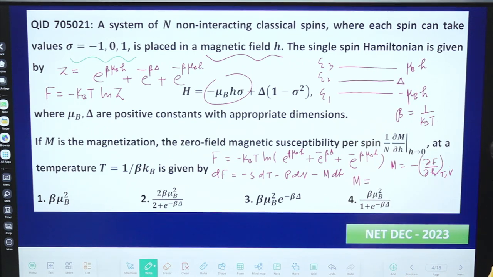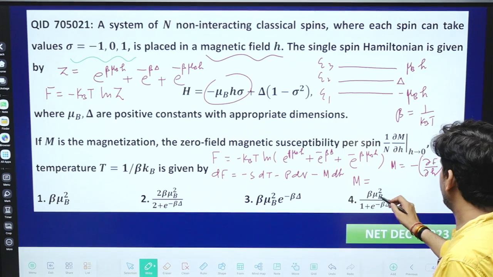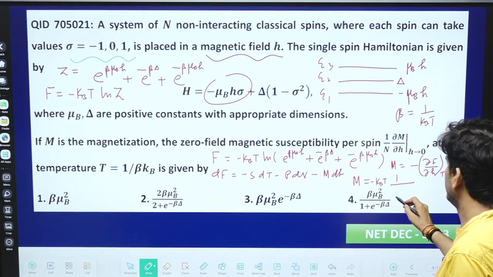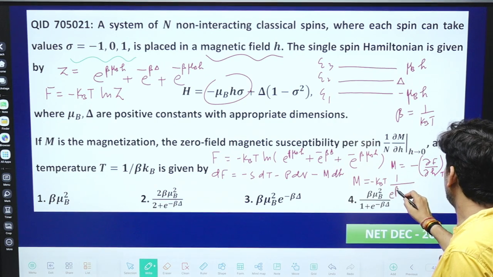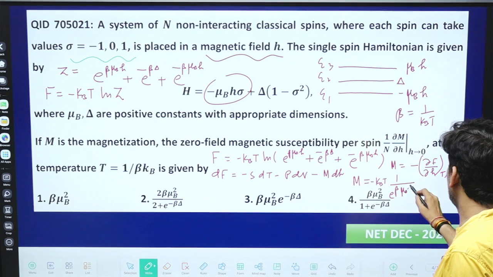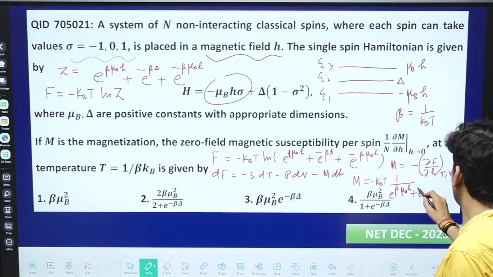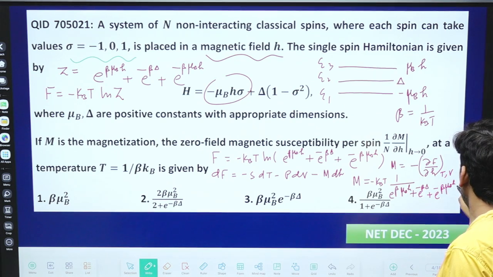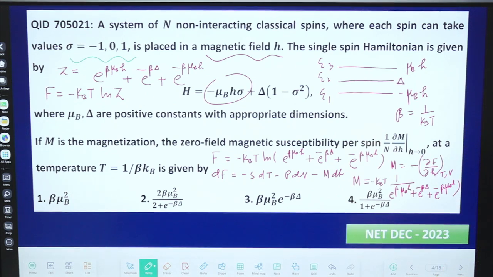Take the derivative with respect to H, so it will be minus k_B T times 1 upon e to the power beta mu_B H plus e to the power minus beta delta plus e to the power minus beta mu_B H. This is the logarithm, 1 upon that.